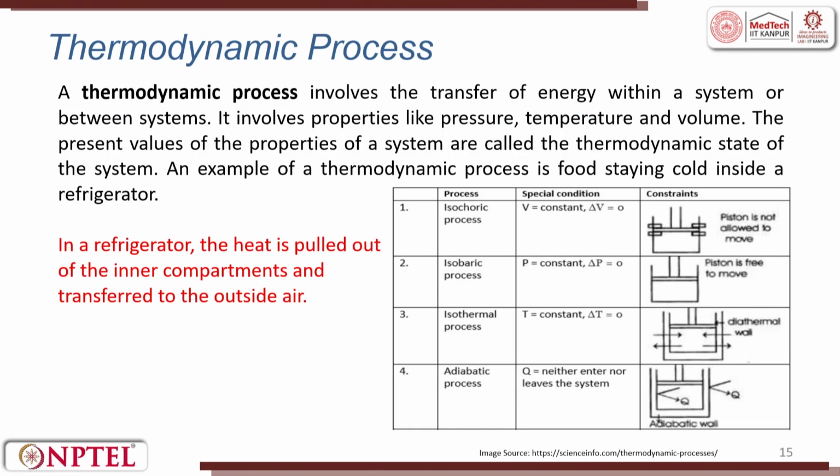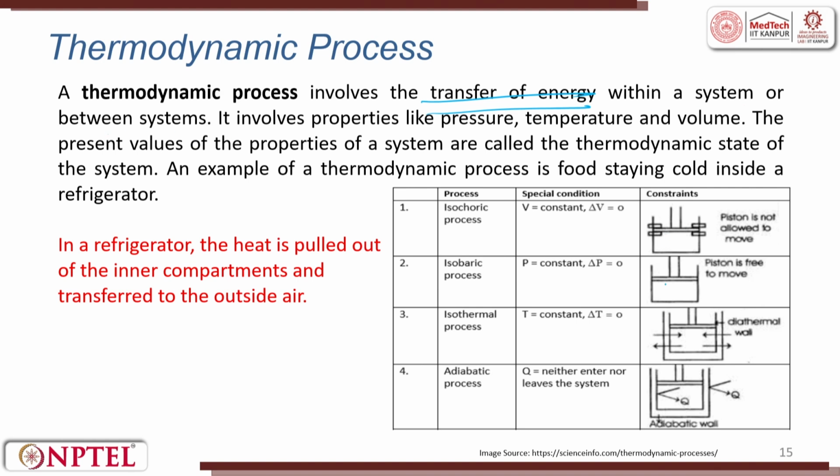Now let us look into the thermodynamic process. A thermodynamic process involves a transfer of energy within a system or between systems. The transfer of energy can be heat, it can be mechanical, whatever it is. So, it involves the transfer of energy within one system or between two systems.